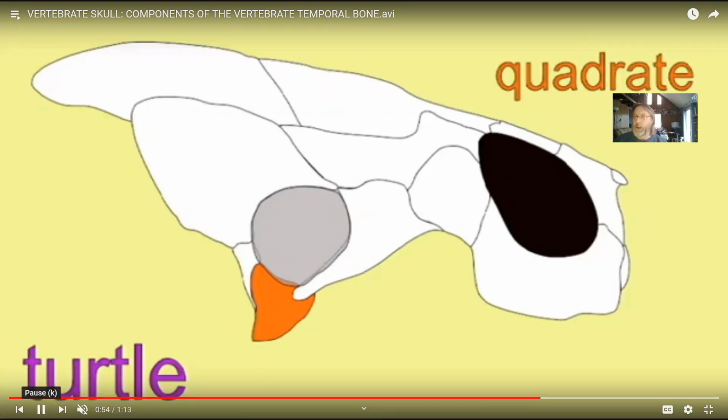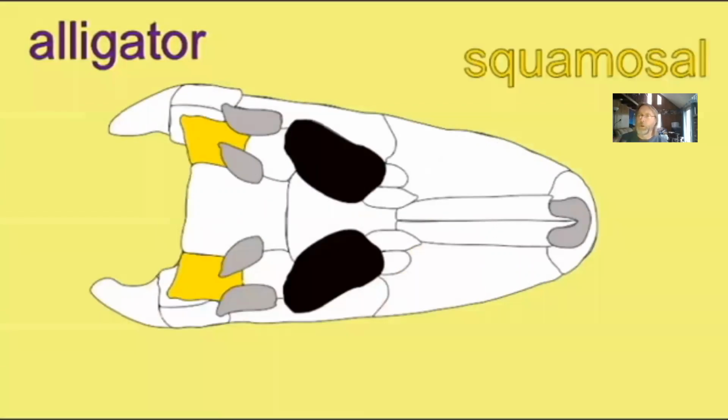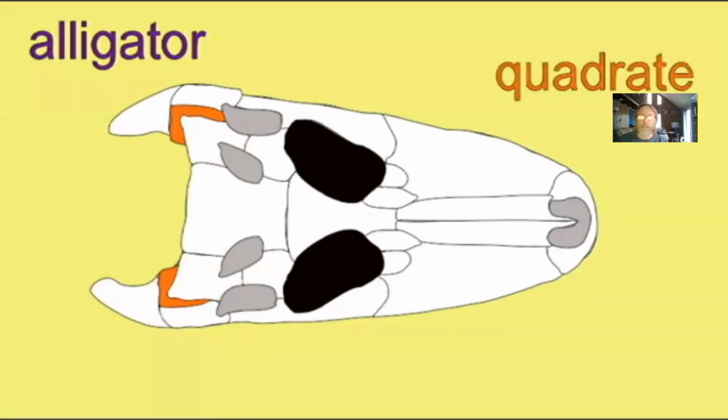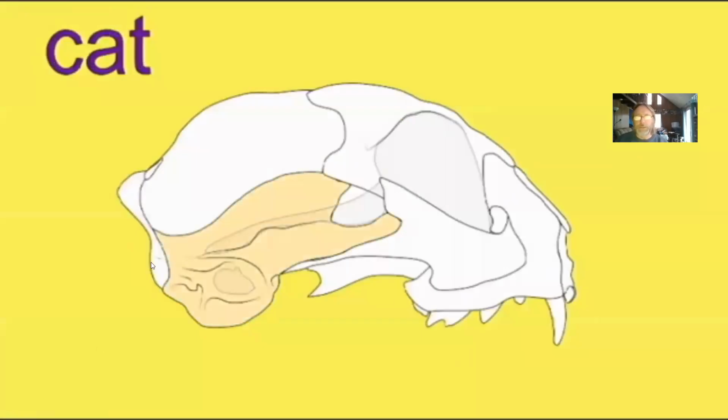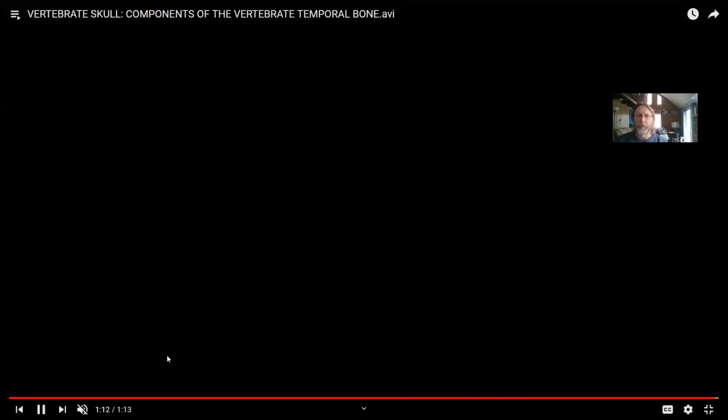In mammals, the quadrate and articular become ear bones, and the lower jaw articulates with the temporal bone. So it's a temporomandibular jaw joint, a TMJ. So notice here, cats have a temporal bone, where in more primitive animals you would have seen separate pieces of the temporal bone.